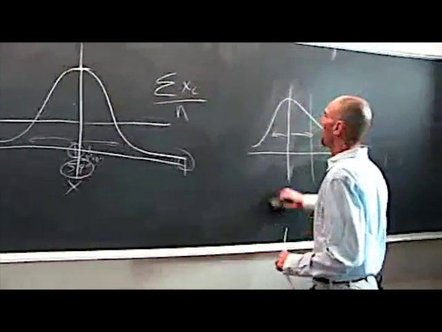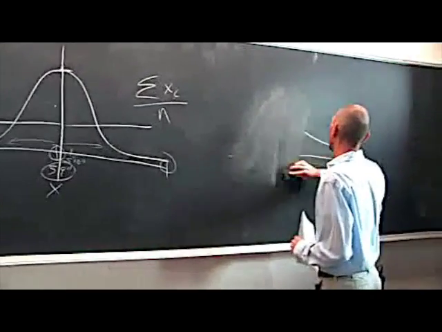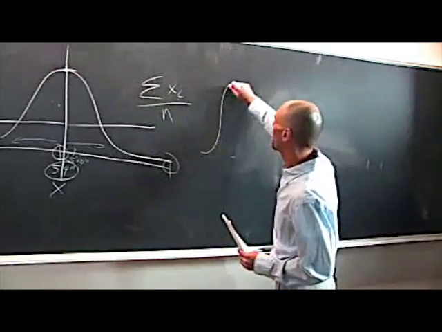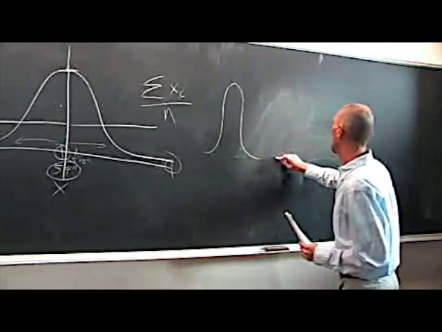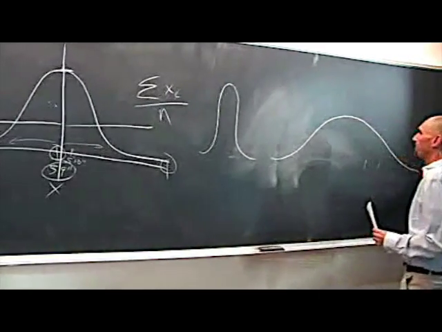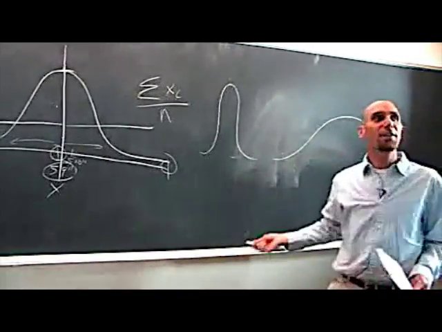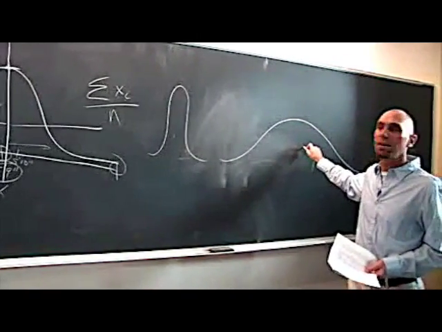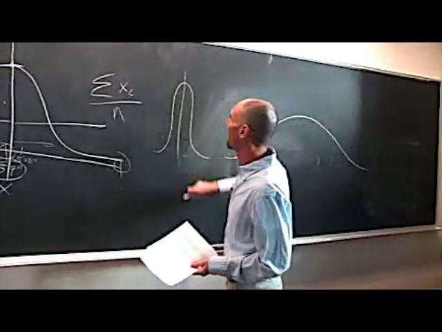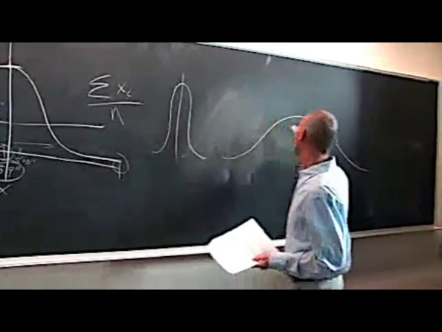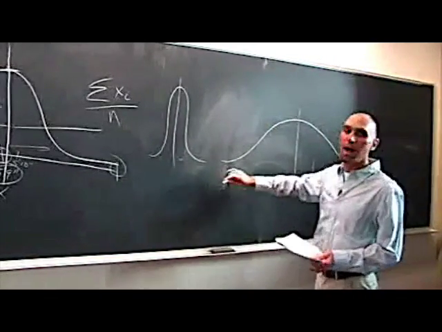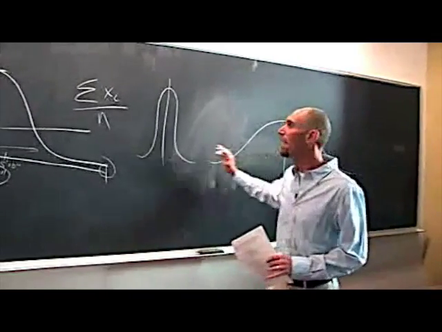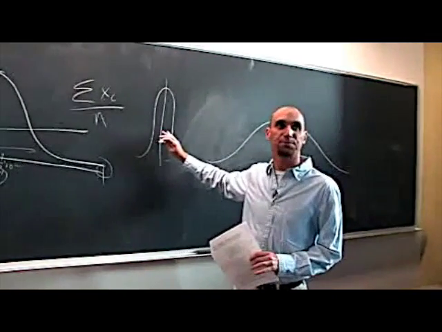So if we think of this in terms of a distribution, if we see a distribution that looks like this versus one that looks like this, obviously the observations are more clustered here and they're more spread out here. The mean in this case tells us a lot more than the mean in this case, because there's a lot of observations far away from the mean here, and most of them are quite close here.